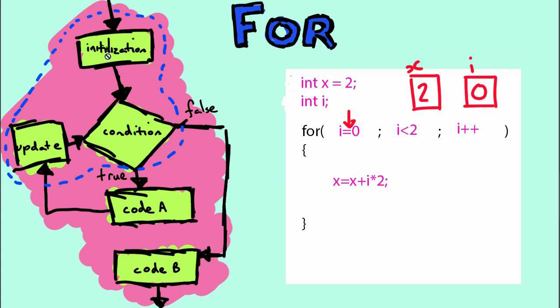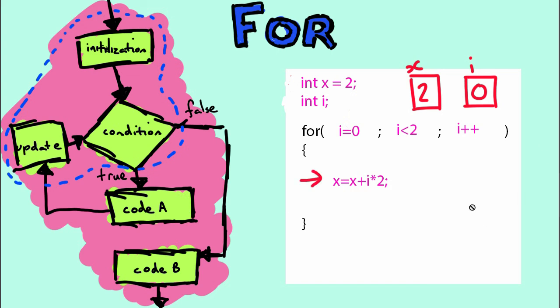The next step, we follow this flow diagram, we check our condition. So we go across to our condition and say, is i less than 2? Well, it is, so that's true. So now, we follow this flow diagram and we go and do some code.